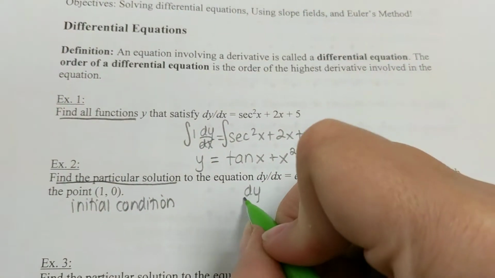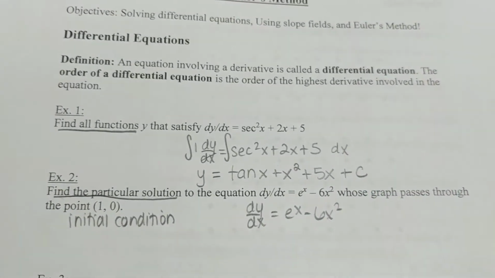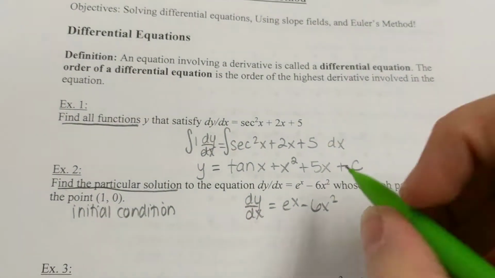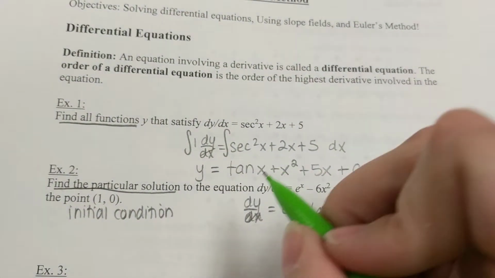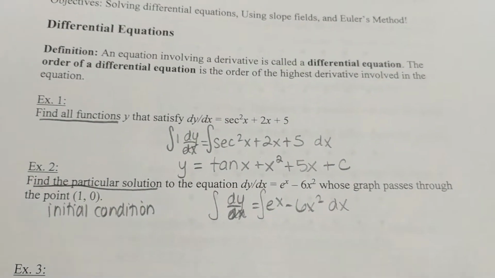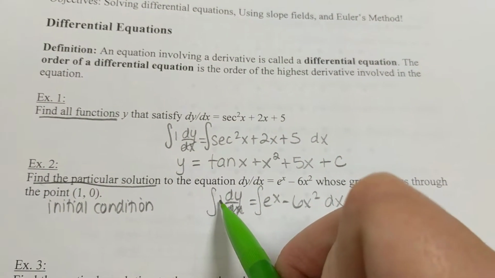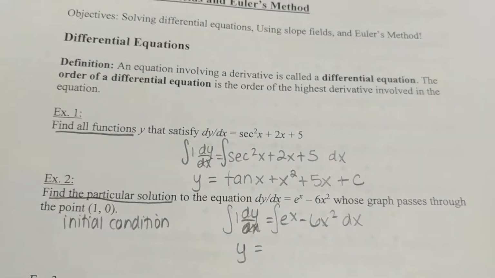So again, I've got this equation. I'm going to move that dx over and integrate. So the antiderivative of 1 with respect to y is y.